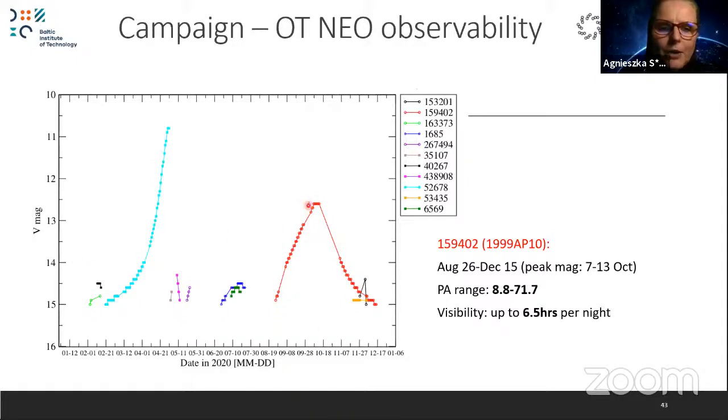In October there was a pretty decent and bright NEO, taking into account our 60-centimeter mirror, 159402, and it was even brighter than 30 magnitudes. So the whole time I was in Piwnice hoping to catch it and present some of our first near-Earth object polarimetric data today, but unfortunately I cannot, and I'm very sorry to disappoint you.